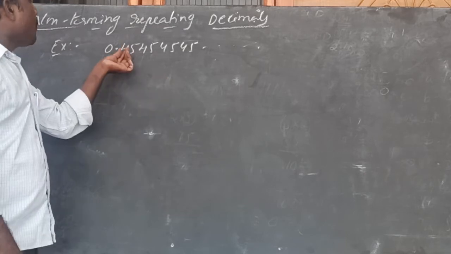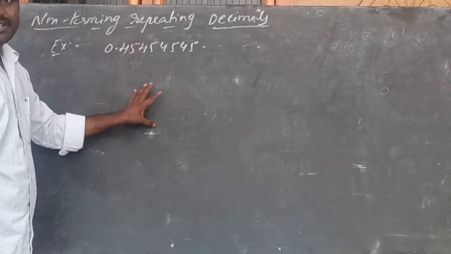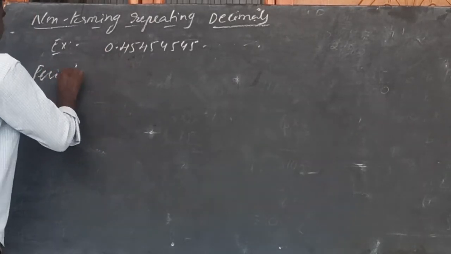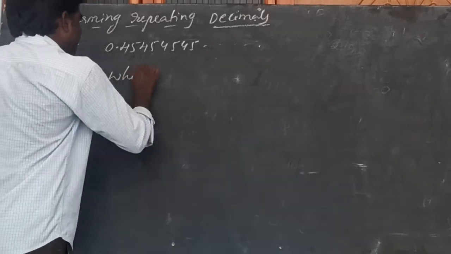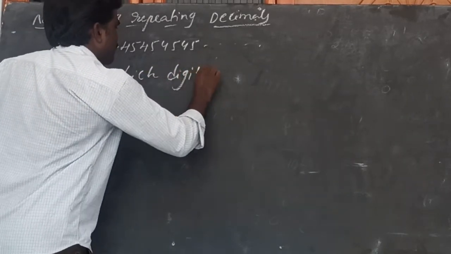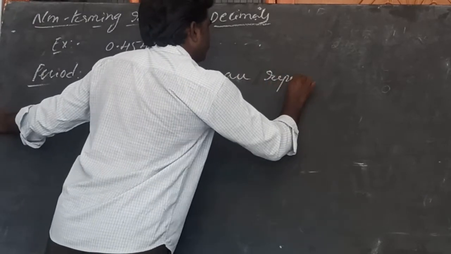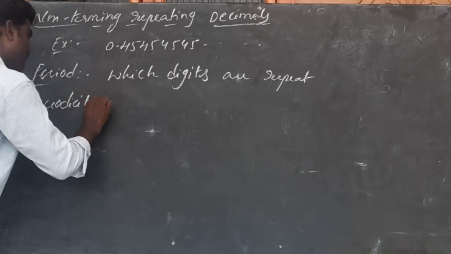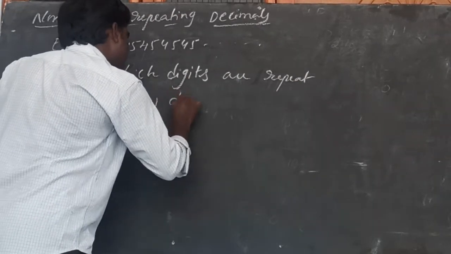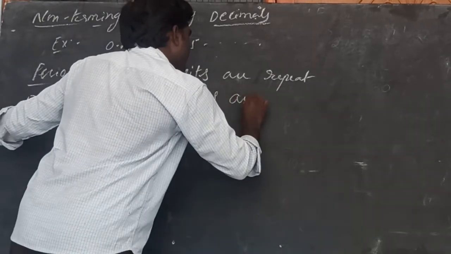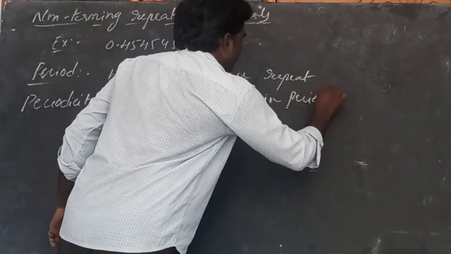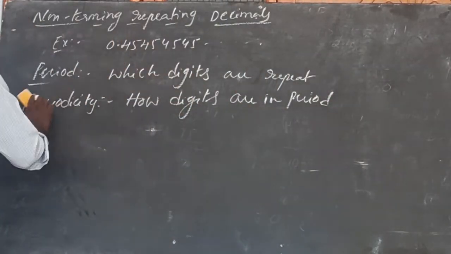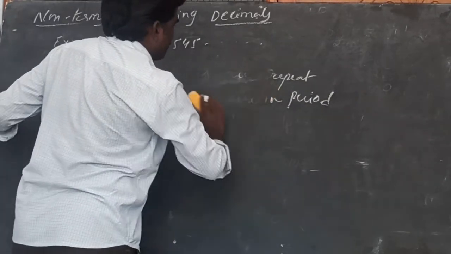Periodicity means how many digits are there in a period. Now this number can be changed into P by Q form.